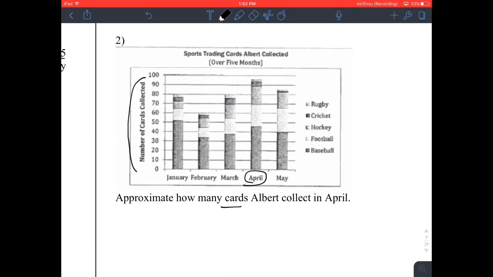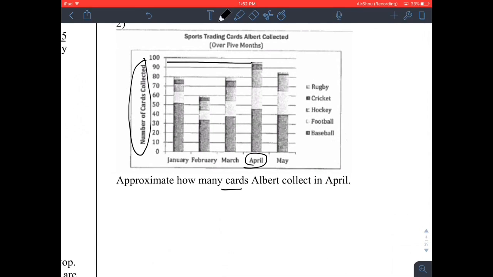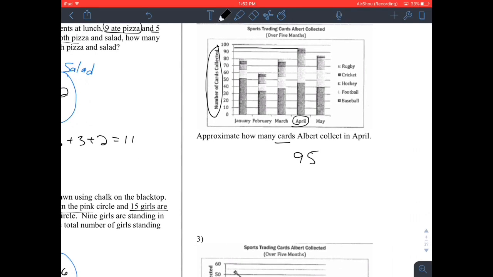The number of cards collected is the vertical axis. So if you look here in April, it's someplace between 90 and 100. We couldn't say for certain, but we could probably approximate that it's around 95. Someplace between 90 and 100 for sure.